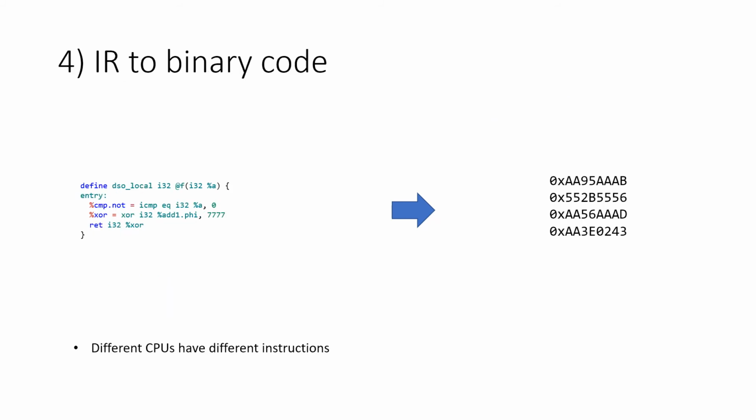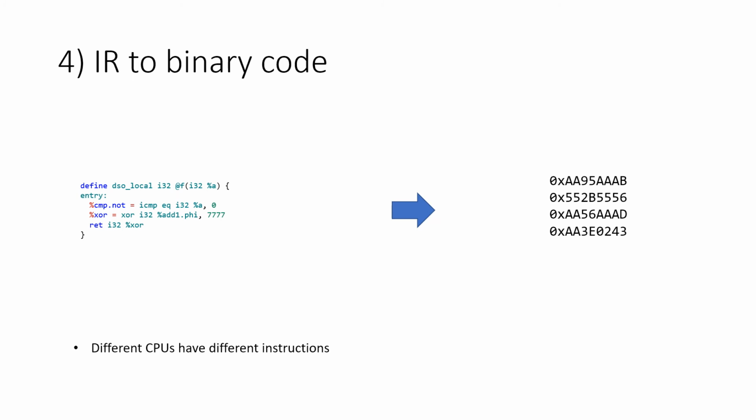And finally, we take this intermediate representation and we want to generate a binary code. And the complexity here is that different CPUs have different instructions. For example, phones usually have ARM CPUs. By the way, ARM CPUs are developed here in Cambridge. But desktop computers usually have Intel or AMD CPUs.